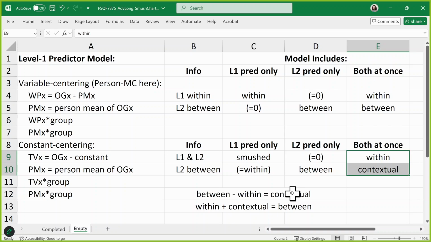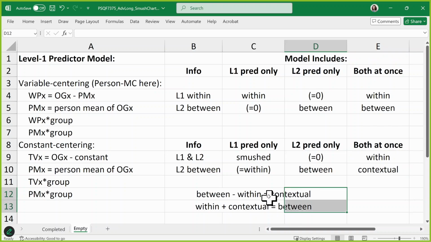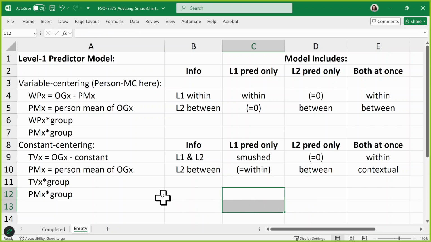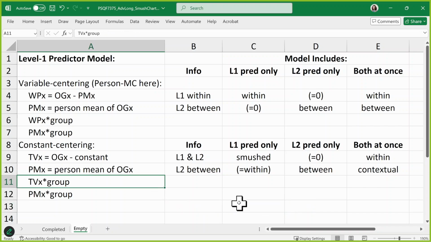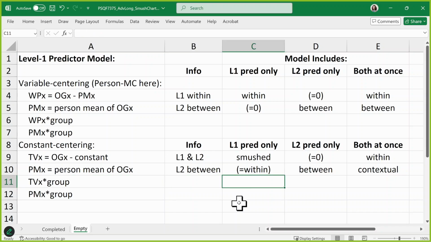Up. Now let's talk about interaction terms. If I put in time varying x by group, what kind of moderation am I saying when I just have it all by itself? Yep. It's a smushed cross-level interaction.